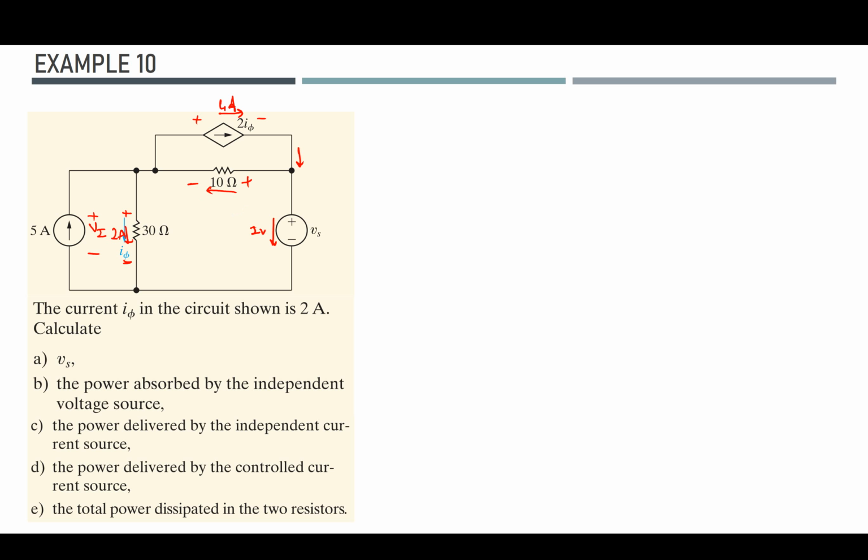Now there are 3 meshes, and the first 2 are easy. Let's say this is mesh 1, this is mesh 2, and this is mesh 3. I will start with mesh 2, and I can arbitrarily choose any direction. Up to now we have always used the clockwise direction. Let's use the anti-clockwise direction.